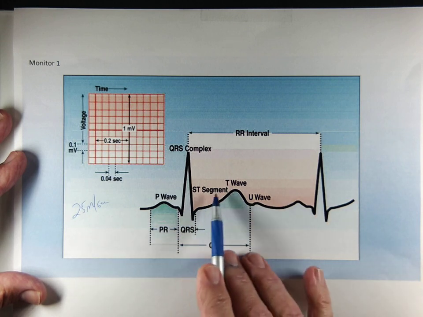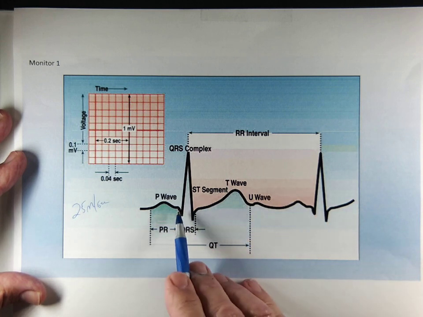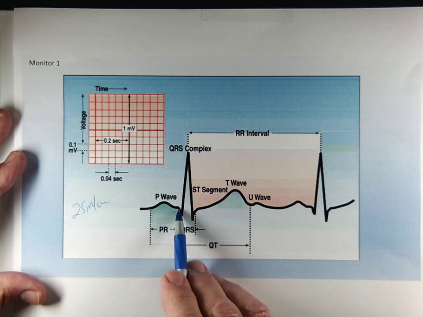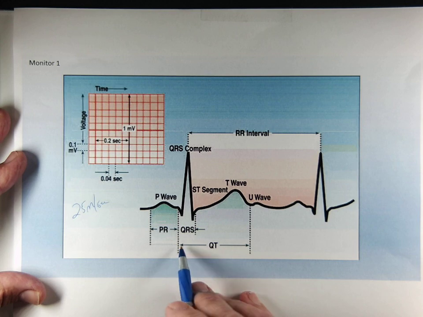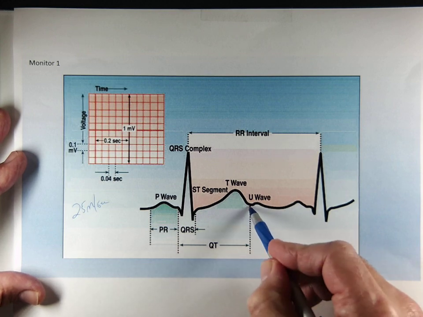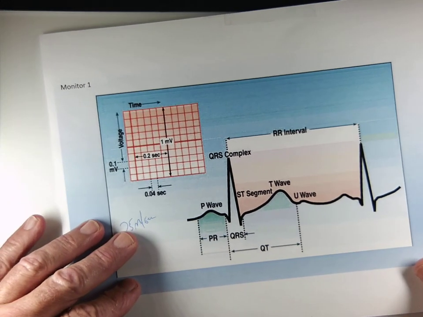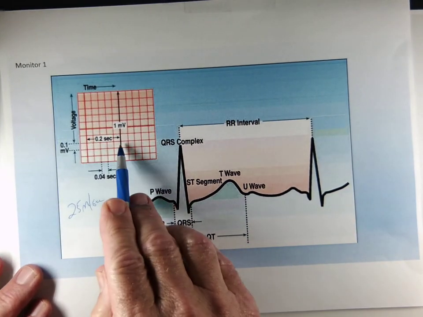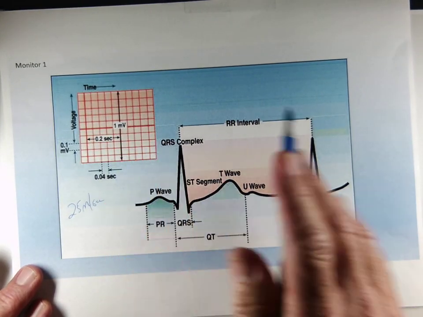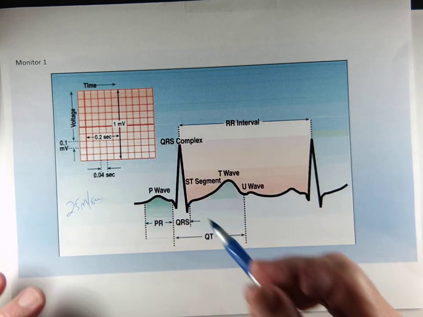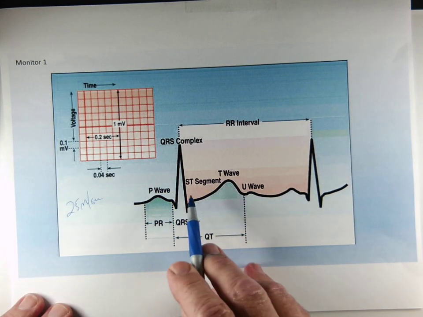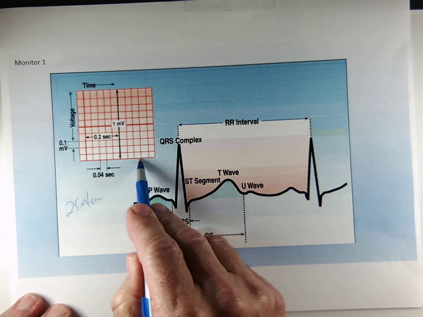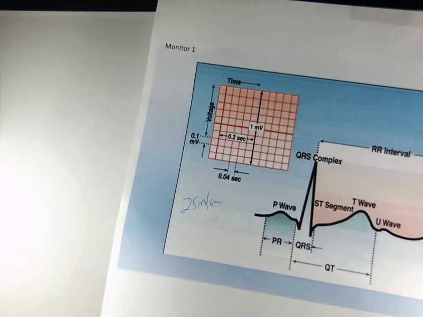And then the QT interval actually includes the QRS, because it's the start of the Q wave, the end of the PR interval, starts the QT interval, all the way to the end of the T wave. Okay, and those are the 3 intervals. And once again, by measuring these boxes, we know these are all 0.04. So using your calipers, you can put a point here, and then just compare it to that and get a rough estimate of its size.